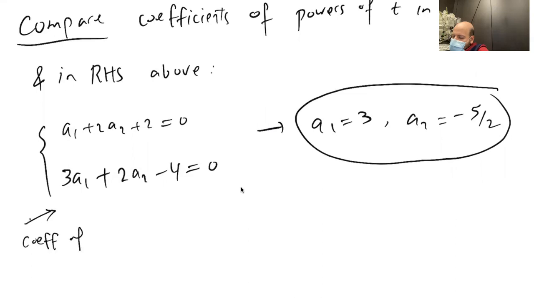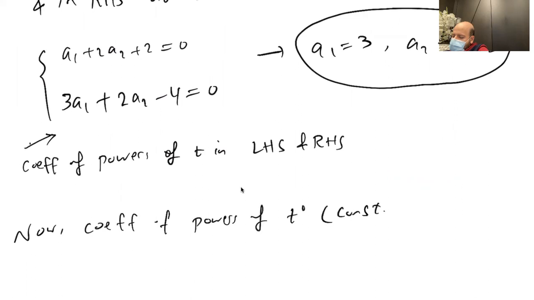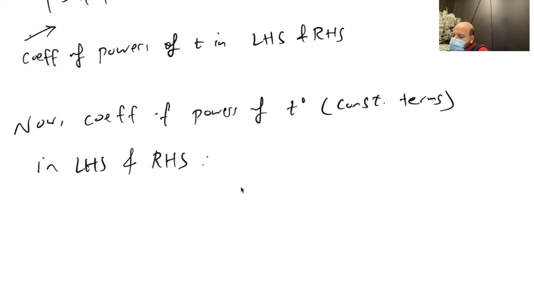So this is for coefficients of powers of t in left hand side and right hand side. Similarly now, coefficients of powers of t to power 0, which means constant terms in left hand side and right hand side. For the first equation the constant term left hand side is a1, right hand side is b1 plus 2b2.